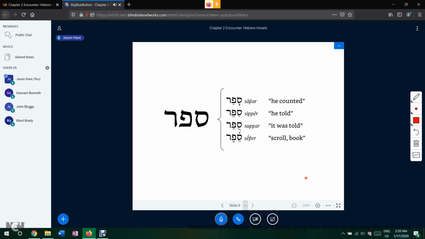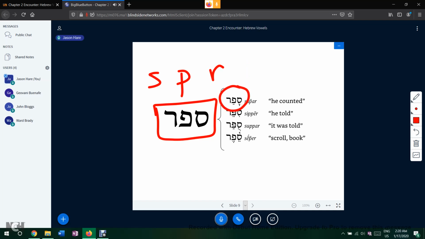So this is the clincher of what happens with vowels in Hebrew. Originally in the Torah scroll, you would have letters like this with no vowels. And you wouldn't know how to read it. You just know that it's S-P-R. It can fall into so many different combinations. So if you add these vowels, according to context, it's Safar, and this means he counted.